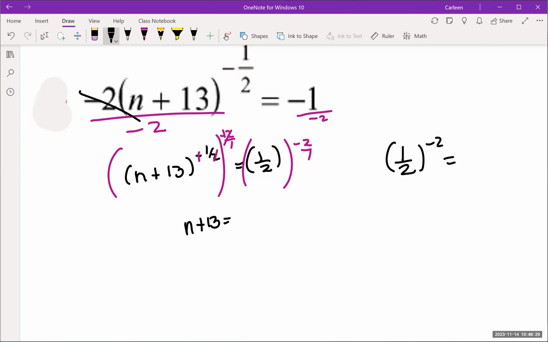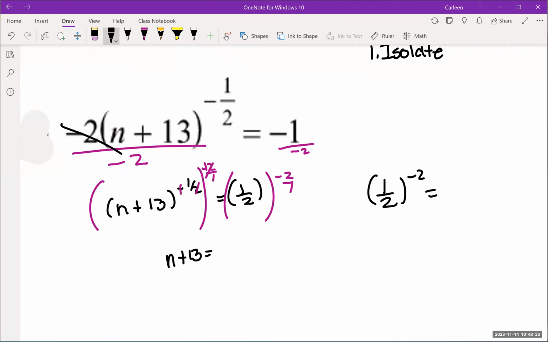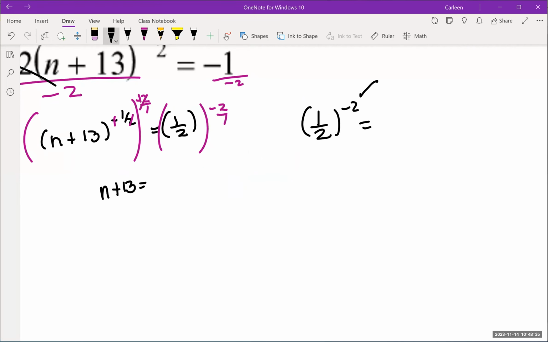Ooh, okay. Good question. Is an exponent of 2 going to cancel a denominator of 2? No. Okay, do you see the difference between this and this?